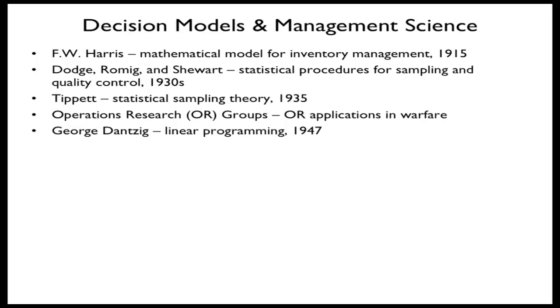And then you started having statistical procedures for sampling and quality control in the 30s. Tippett had statistical sampling theory, 1935. You have operations research groups, and then that operations research got applied to warfare. And then the last one is linear programming in 1947.